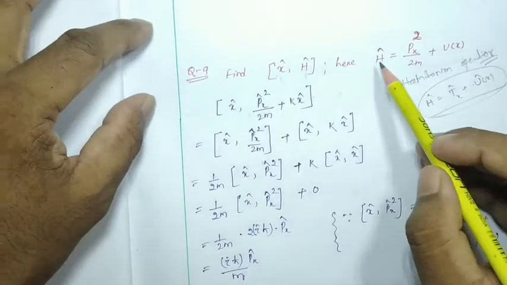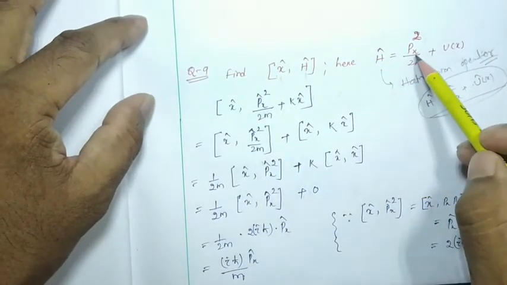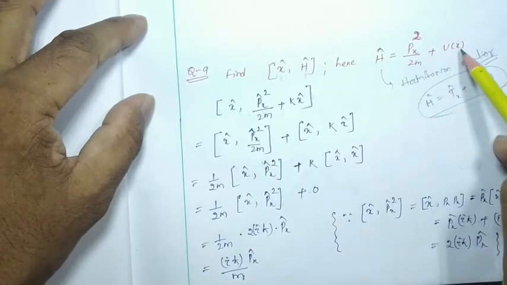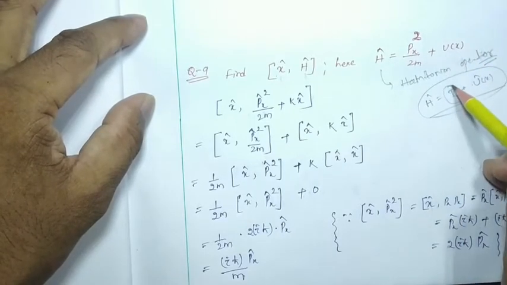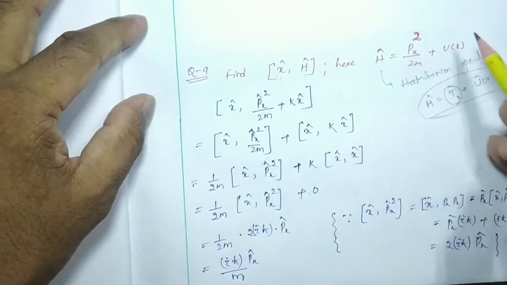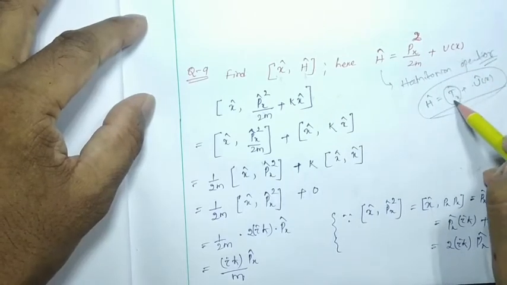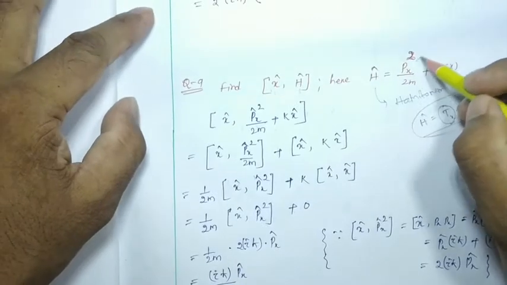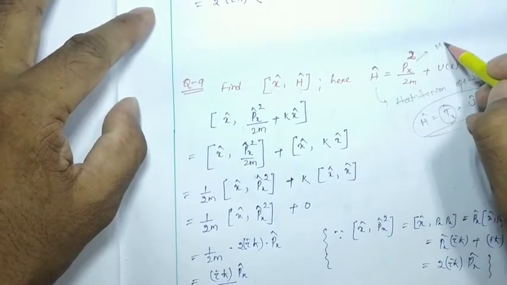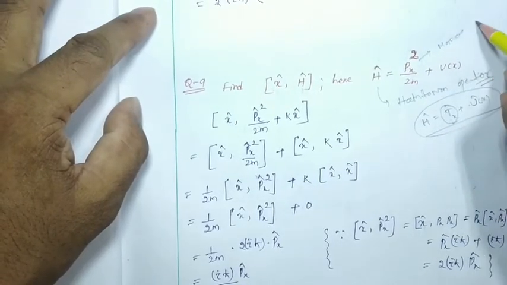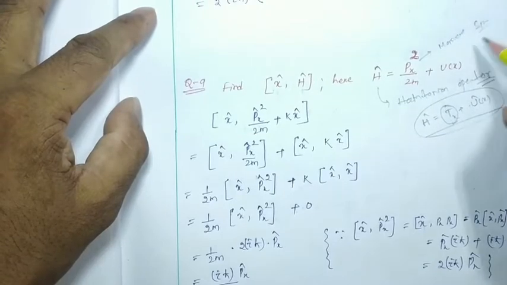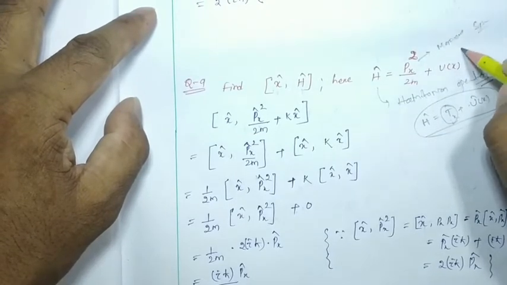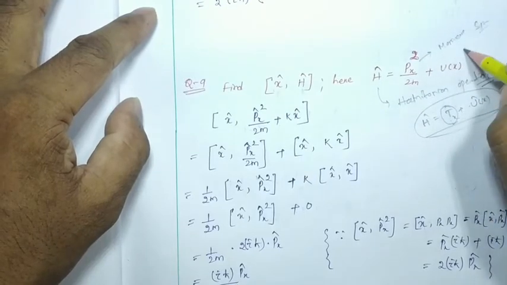But here ĥ is written as pₓ square by 2m plus U, that means the T̂ value has been written here. So the T̂ value is this one, which indicates that this is momentum space, coordinate momentum space.